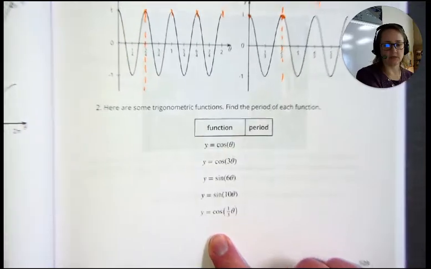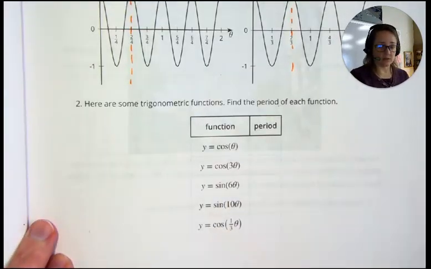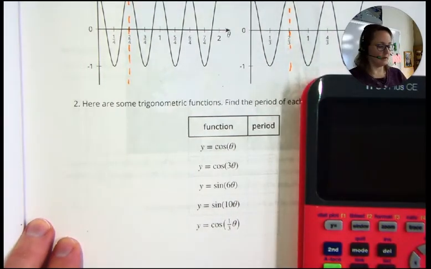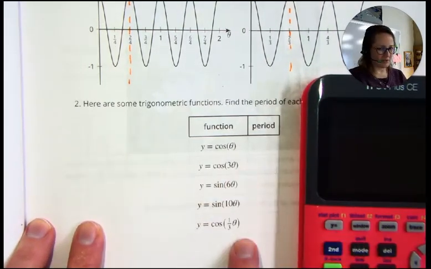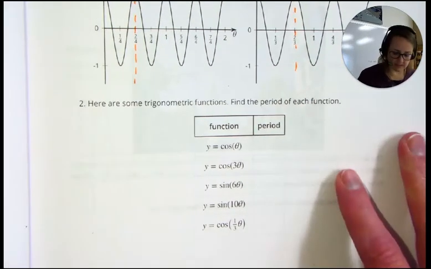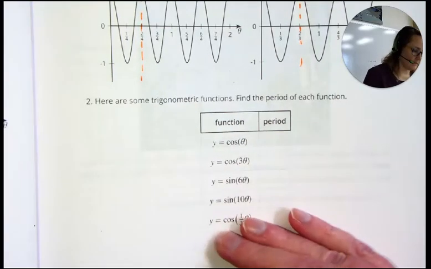Okay, but I'm going to use some ideas going on up here. So these ones, to find the period of the function, we could certainly graph it and look at that. But we want to be able to also explain what's going on so we're not always stuck with a graphing calculator or looking at decimals. So I want to think about what's going on here.